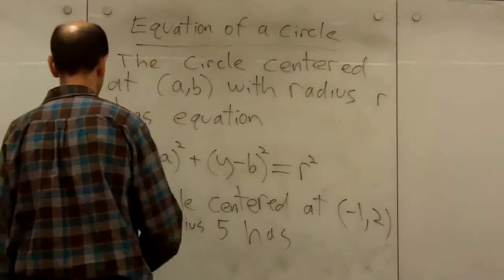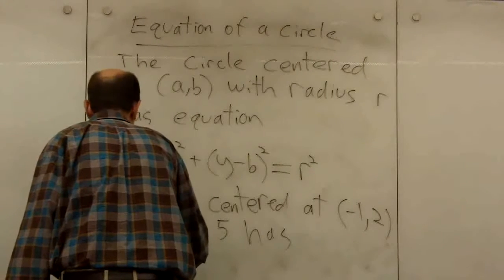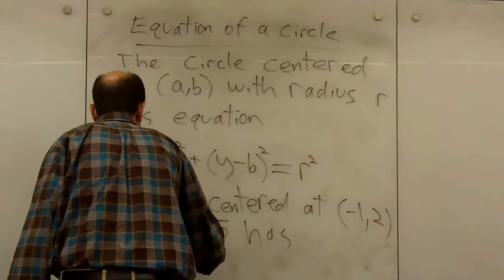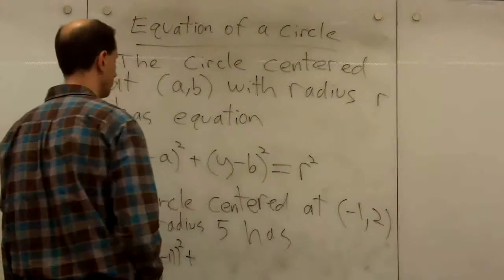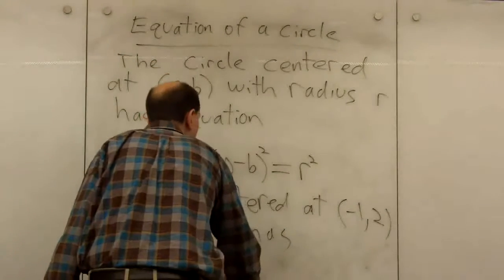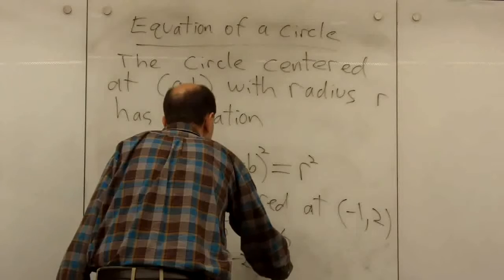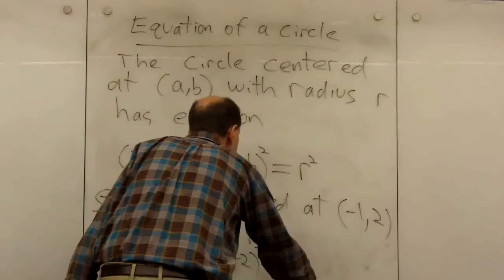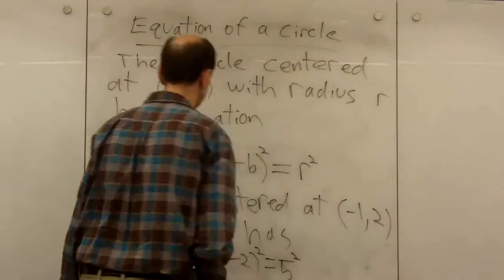Therefore, the equation of this circle is (x minus minus 1) squared plus (y minus 2) squared equals 5 squared.